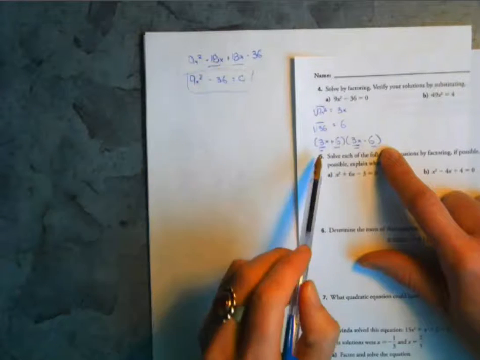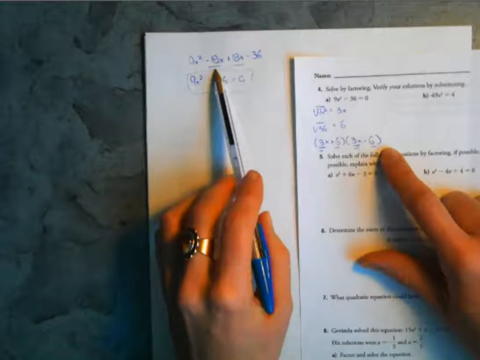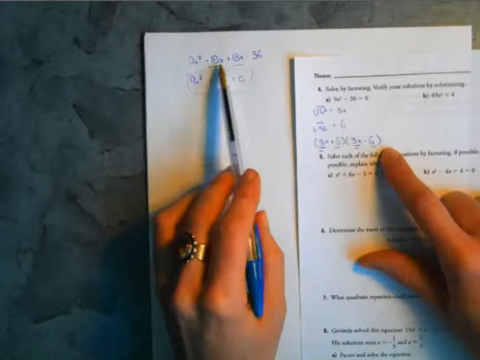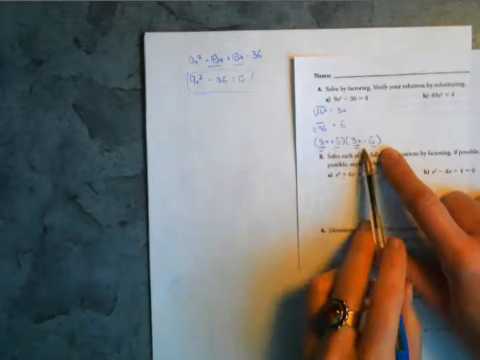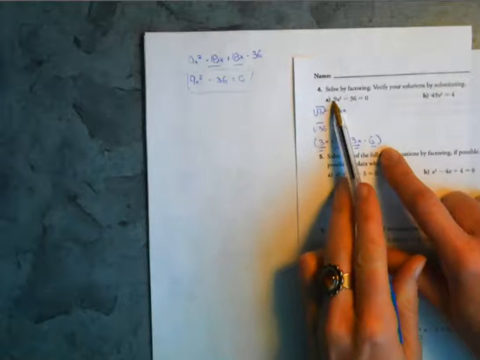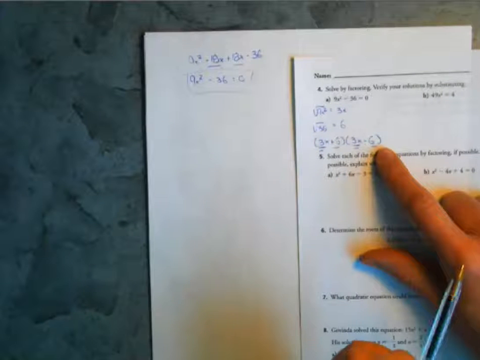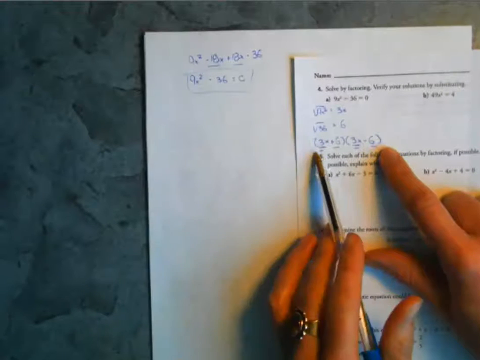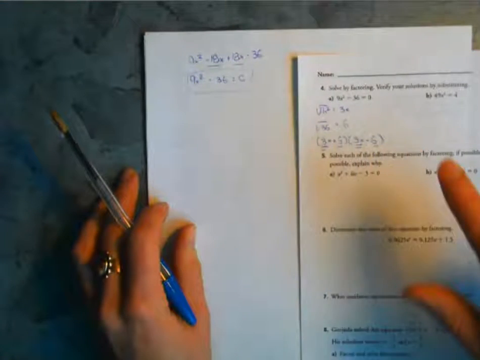Because the other two terms are identical, they're always going to multiply to the same numbers, which are going to cancel out. So the middle two always add up to 0. So you always have to factor into a bracket that has the two terms you square rooted these values to, and then one bracket always has to be a plus and one always has to be a minus. Okay, so 3x plus 6, 3x minus 6 is our factored term.